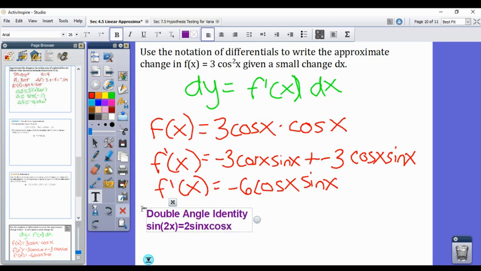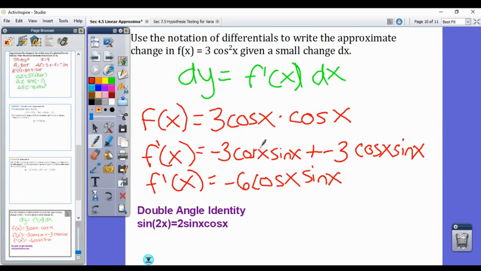So using that, I can simplify because I've got a sine x cosine x here. All I need to do is divide this -6 by 2 to get what is going to be left over in front of my sine 2x. So in this case, it's going to be -3. So we simplify this to be -3 sine 2x.